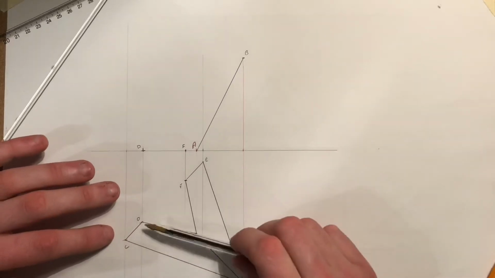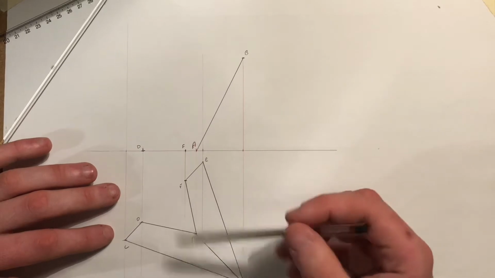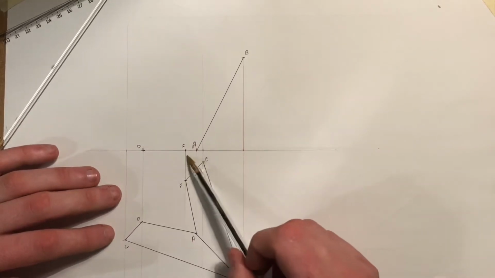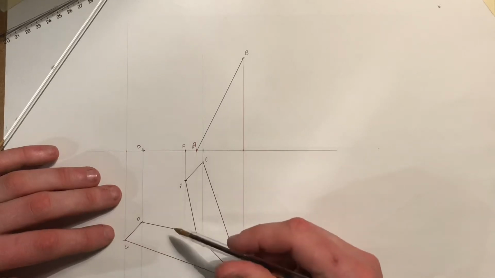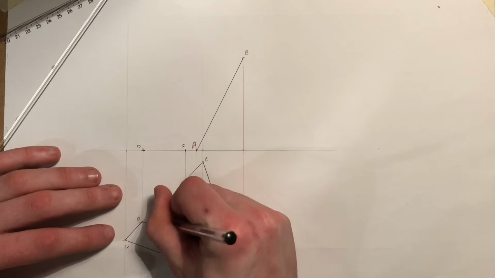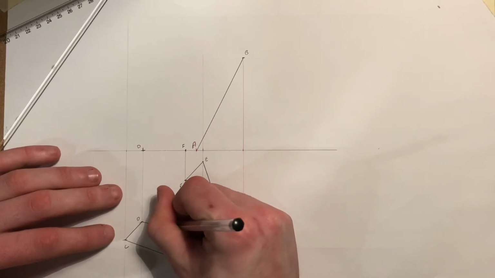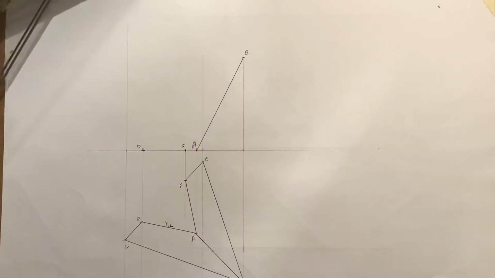So A and D are on the ground up here in the elevation, so that's a level line, AD. So if AD is level on the ground up here, I'm working with this plane only for a second now. If AD is level up there, that means that must be a true length. Okay, that's a true length.